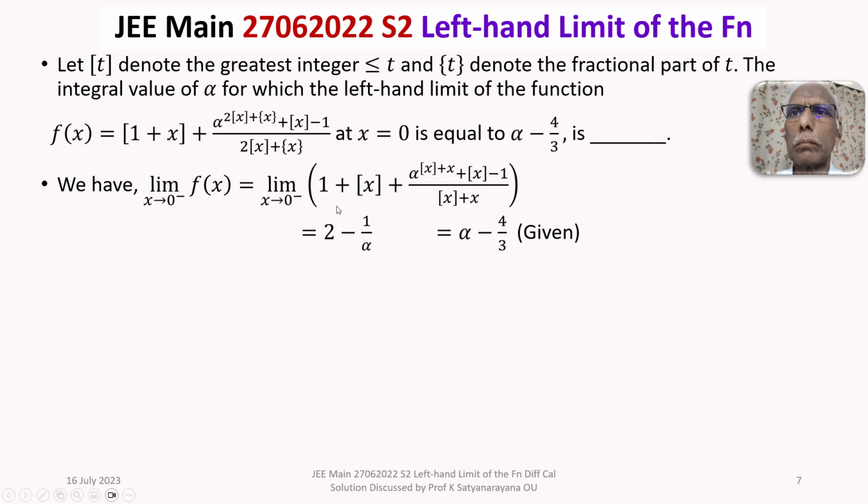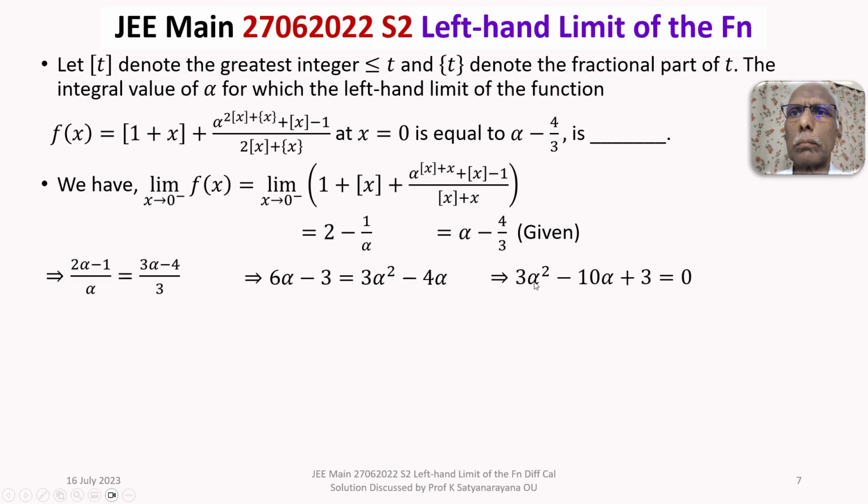Take the LCM on the right hand side and cross multiply and simplify, and we will get a quadratic in alpha, that is 3 alpha square minus 10 alpha plus 3 is equal to 0. Factorization is very easy. We factorize, we get alpha minus 3 into 3 alpha minus 1 is equal to 0, then we get the values of alpha. Alpha is equal to 3 or 1 by 3.